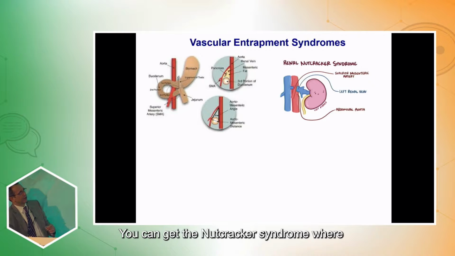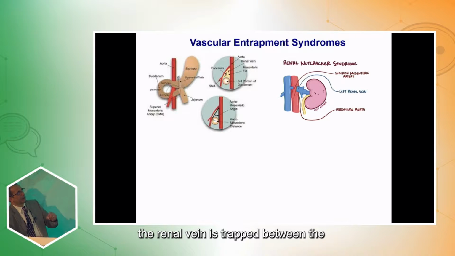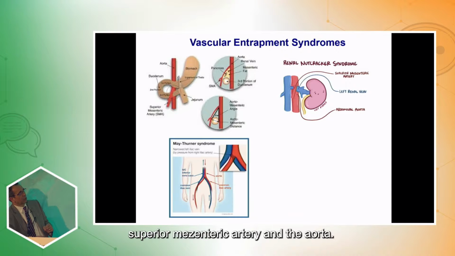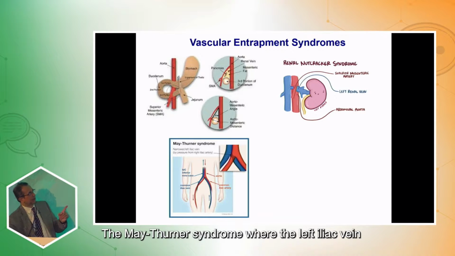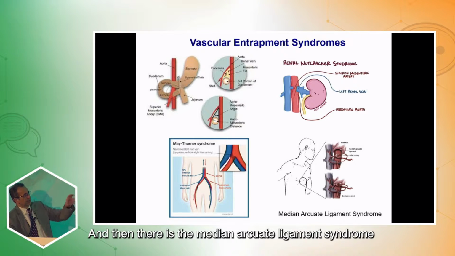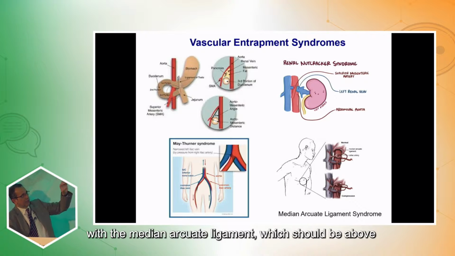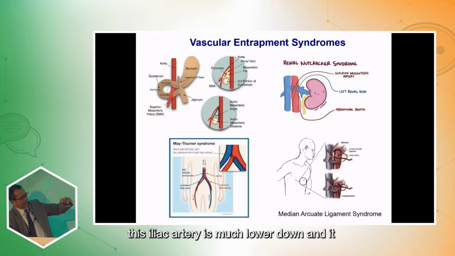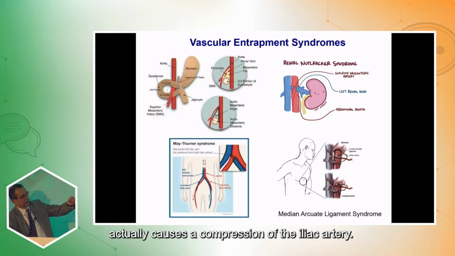You can get the nutcracker syndrome, where the renal vein is trapped between the superior mesenteric artery and the aorta. The May-Thurner syndrome, where the left iliac vein is trapped by the right iliac artery. And then there is the median arcuate ligament syndrome, where the median arcuate ligament, which should be above the celiac artery, is much lower down, and it actually causes a compression of the celiac artery.